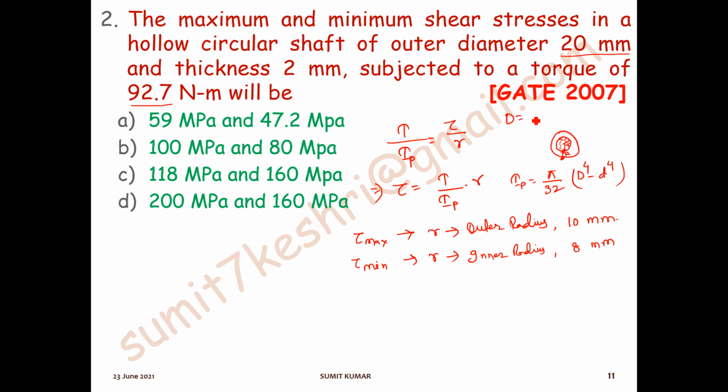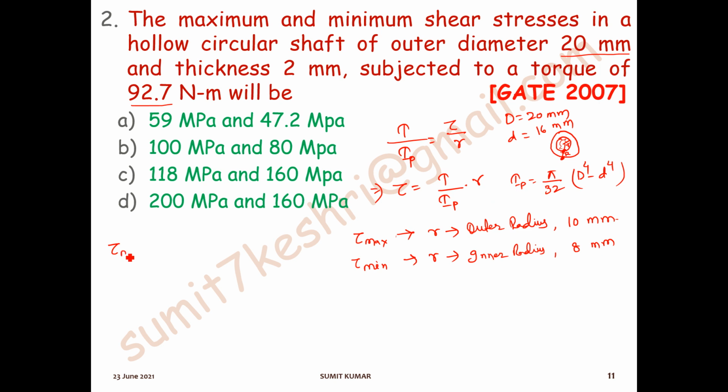Capital D is 20 mm here, and since the thickness is 2 mm, small d will be 16 mm. So just substitute all these values in this formula, and you will get tau max and tau min.